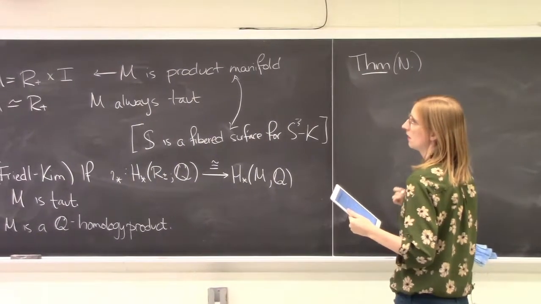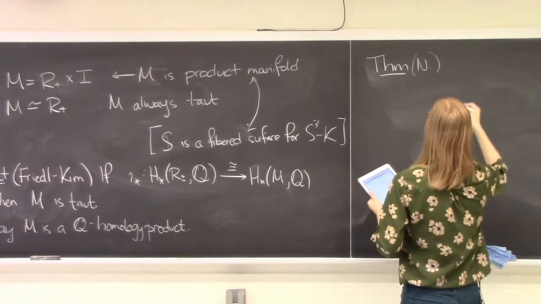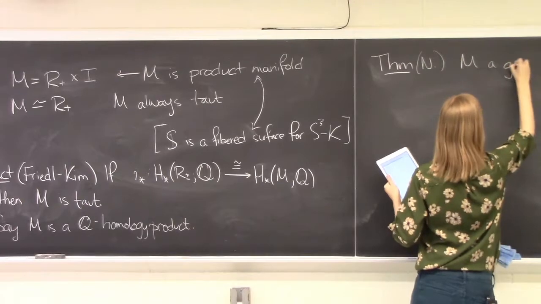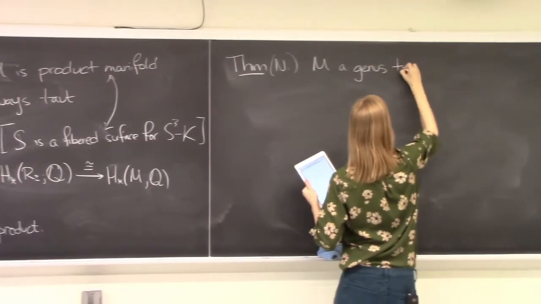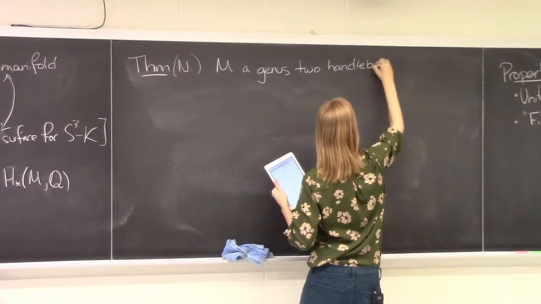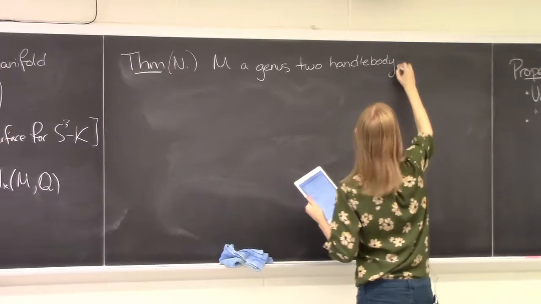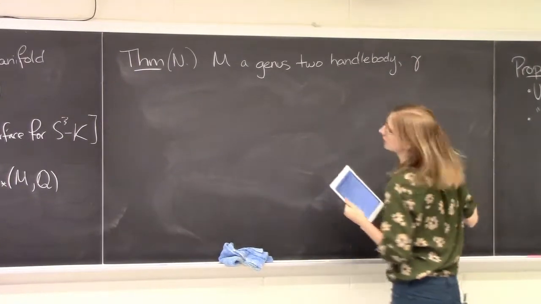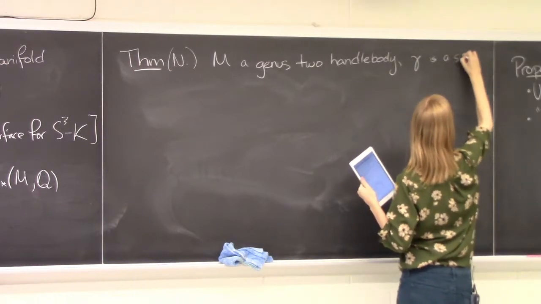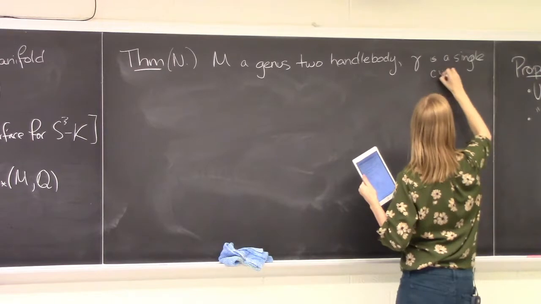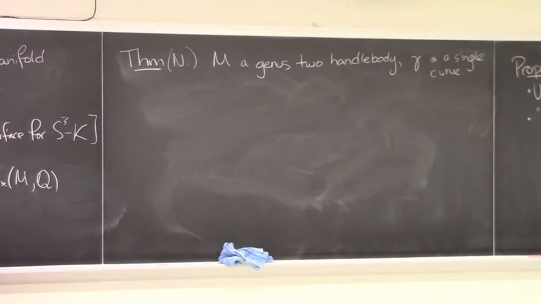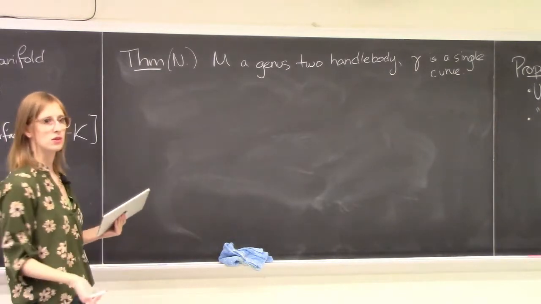A sutured manifold. Let's say that my M is a handlebody, a genus 2 handlebody. And moreover, let's assume that our suture set is just a single curve. So this means that our boundary subsurfaces, R plus and R minus, will both be once-punctured tori.